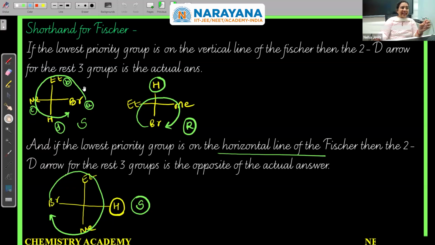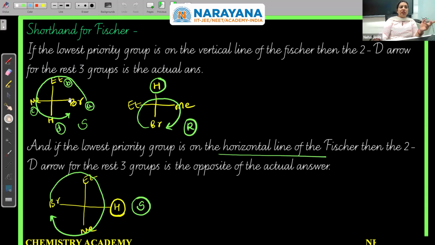I am going anti-clockwise. So this is S isomer. Is that clear? If in the Fischer projection the lowest priority group is on the vertical line, then we simply ignore it, draw the arrow for the rest three in decreasing order of CIP, get an answer. Whatever the answer, that is your final answer.